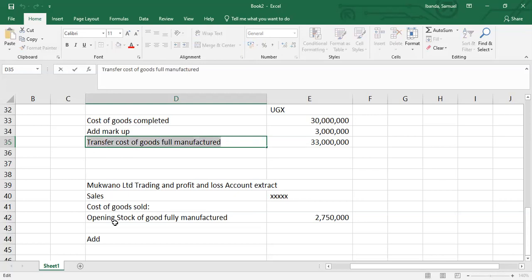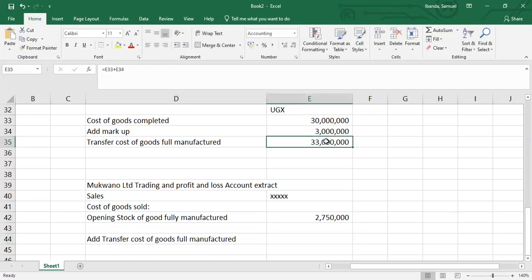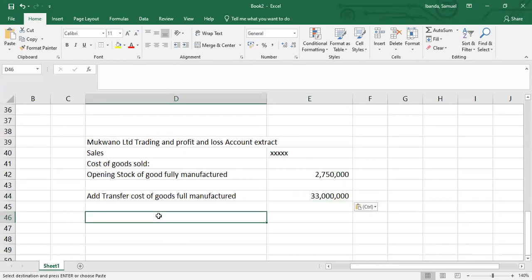This is what we are adding right here. And remember, here we have 33 million.